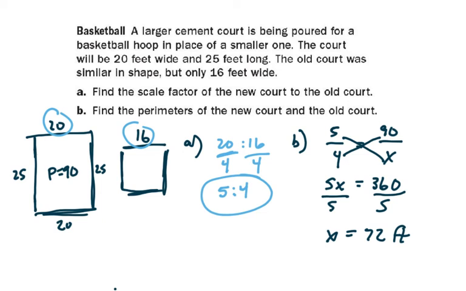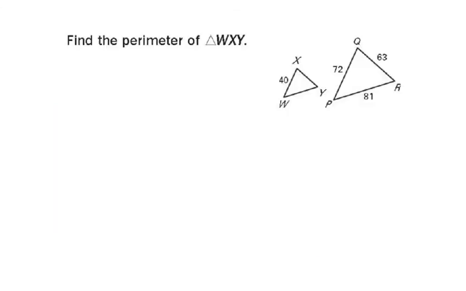I know that was fast, but we still have another example problem to go. In this problem, the only thing we have that matches is 40 and 72. So 40 over 72 equals, and then we need the perimeter, and P equals 72 plus 63 plus 81, which is 216. That was from the same triangle as 72, so that goes down there.